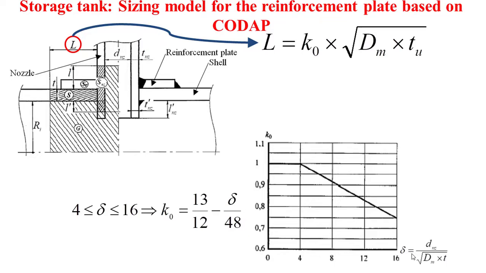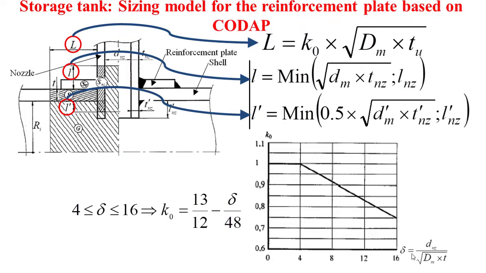And here, CODAP states also the length of the portion of the nozzle participating in the resistance around the opening. So we have two characteristic dimensions, capital L and L prime, small l and small l prime, and they are obtained by the formula that you see in the slide.